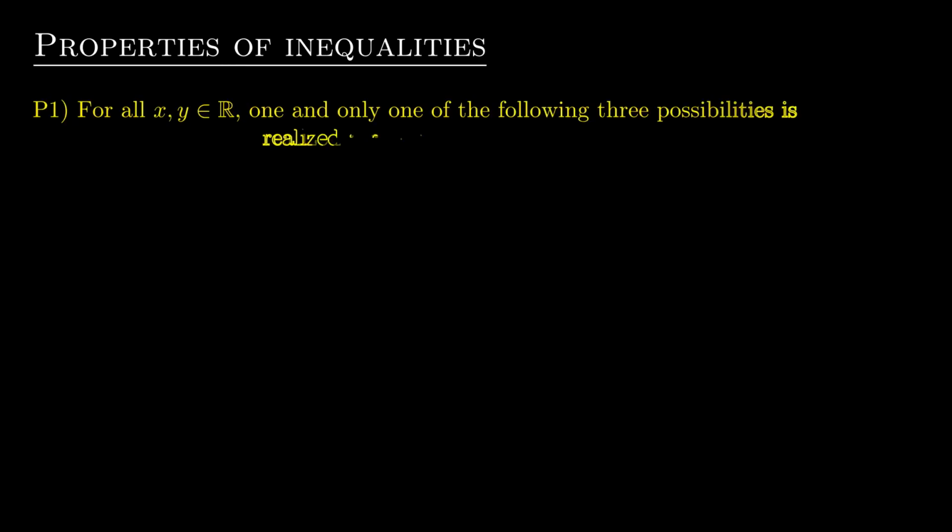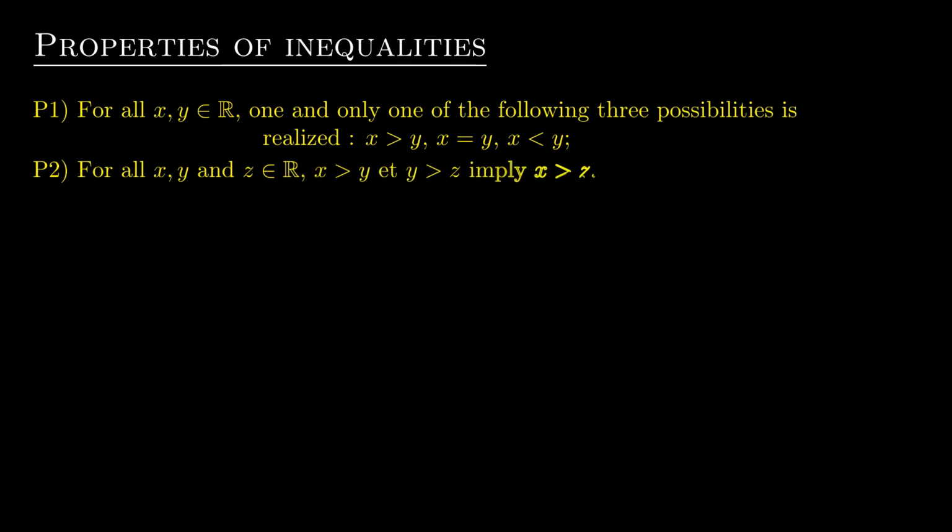We will take a look at two essential properties of inequalities, and then later on we'll work on some new ones. The first one is about what we just saw earlier. For all x, y in the real numbers, one and only one of the following three possibilities is realized. We saw that earlier with the three possibilities on the real number axis.